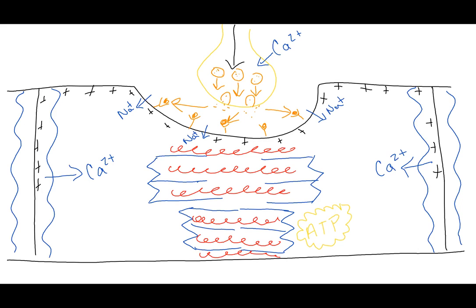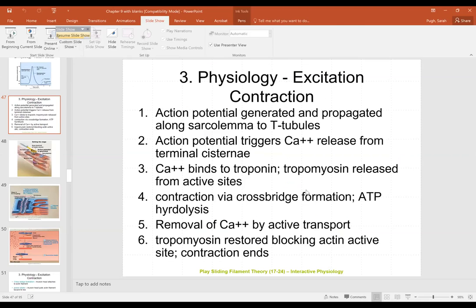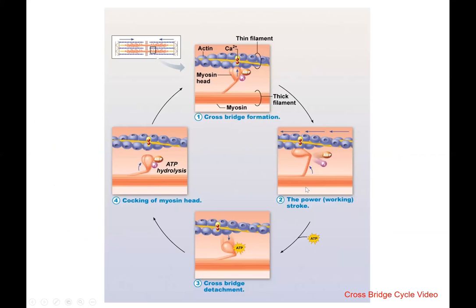So that's what I want to walk you through. I can't draw this out. I'm not very good at drawing out all these, the actin and the myosin, the thick and the thin filaments. And so I'm going to use some images, and we're going to talk a little bit about the ATP. Okay. So let's go back to our PowerPoint. And so that's what this image is showing you.